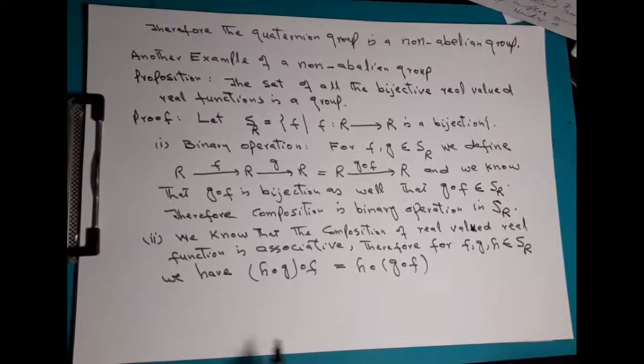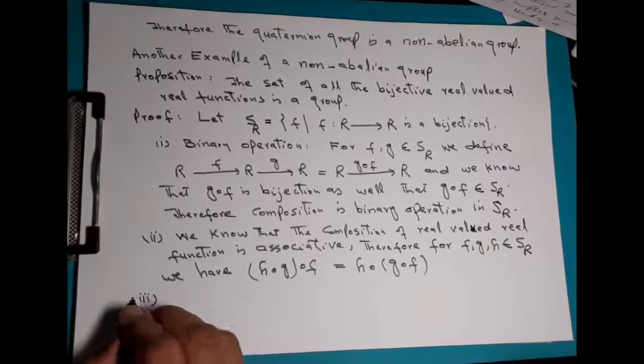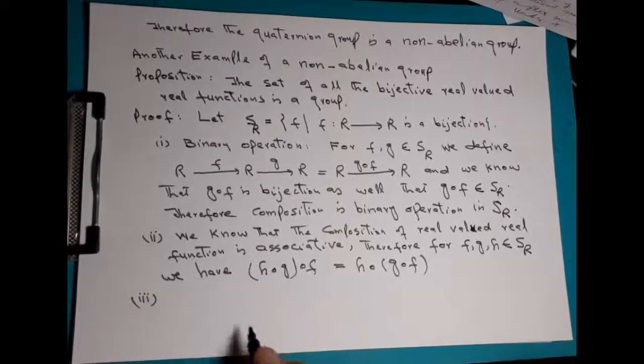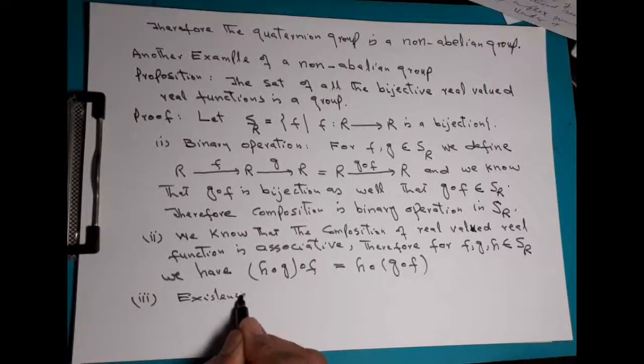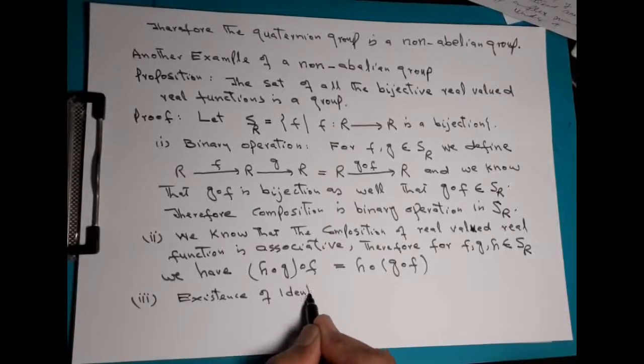That's it. Now we come to the third condition, and that is existence of identity. We know that the identity function is a bijection, so we got the identity element.